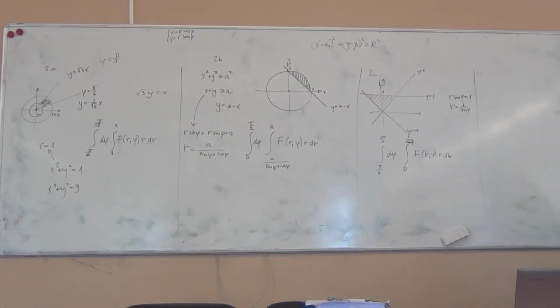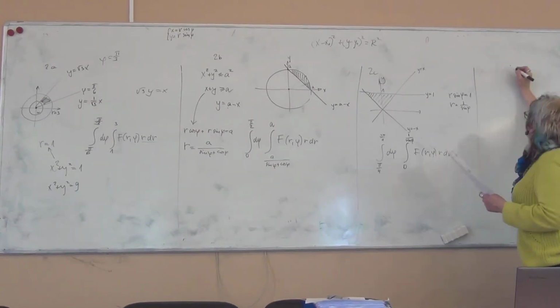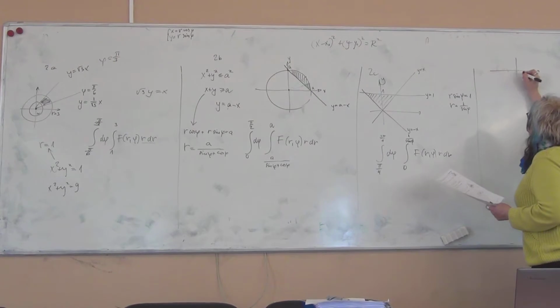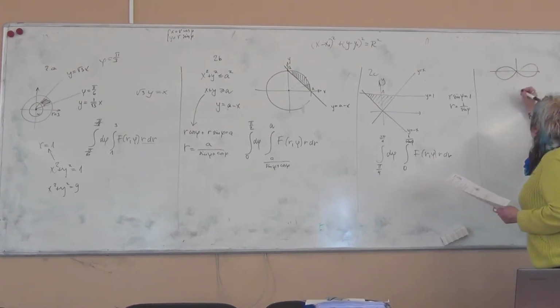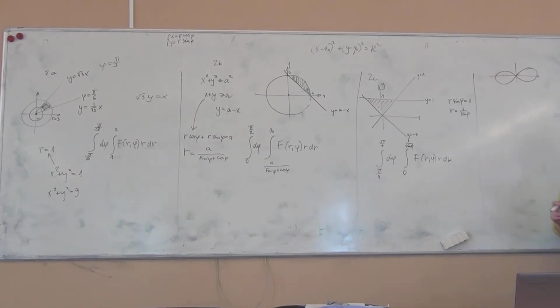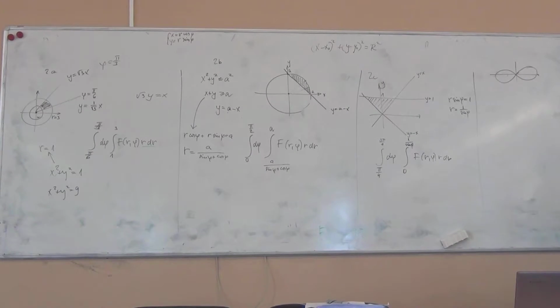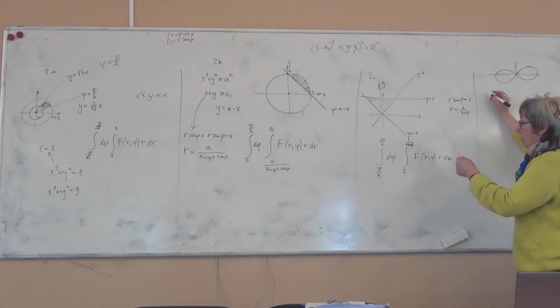D, my favorite curve, well, not exactly a function. So the lemniscate of Bernoulli looks like an infinity sign. A very interesting curve. So you are given the Cartesian equation of this lemniscate of Bernoulli.